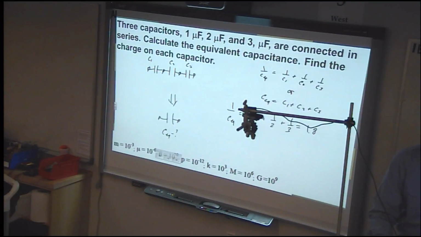If you stop now, that is a mistake, because you have to make one more step: you have to flip it. Technically, this is how we could write it down. C equivalent over 1 is equal to 1 over 1 plus 1 over 2 plus 1 over 3, which is 1 over 1.8, about 0.8.